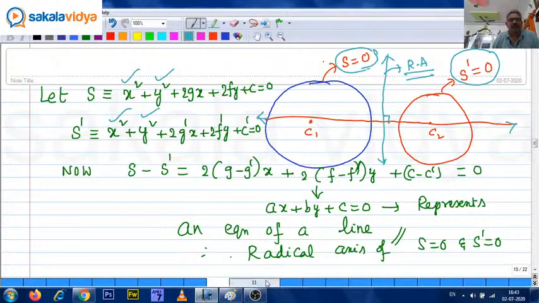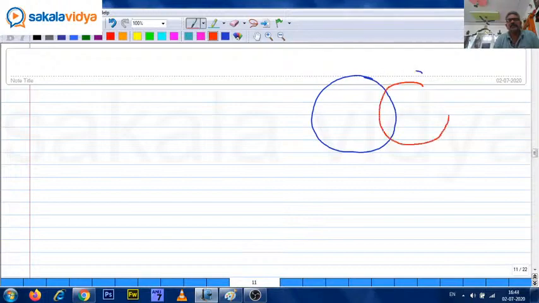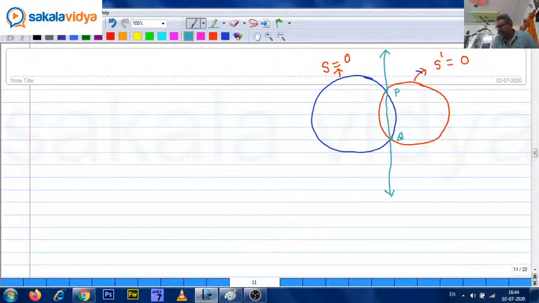So that means now, different cases. For example, this is the first circle, this is the second circle. First circle cuts the second circle. Say this is S equals 0. This equation is S dash equals 0. Now through the points of intersection we can join a straight line like this. Say this is point P, say point Q. This PQ is known as the common chord.